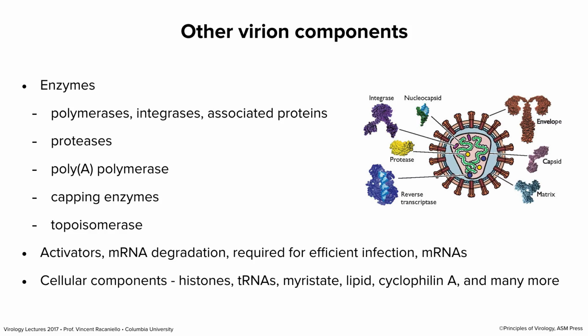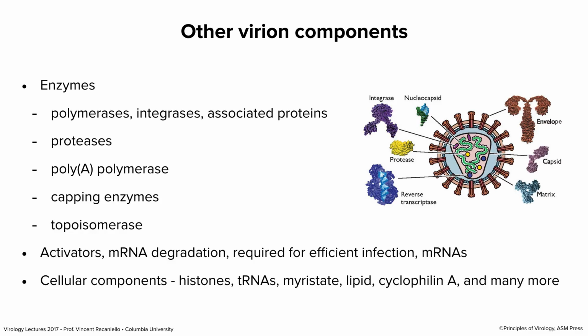And finally, there are lots of other things in virus particles. Besides structural components, there are enzymes of different sorts that we'll talk about: polymerases, integrases, proteases, capping enzymes, topoisomerases, all these involved in processing or nucleic acid biosynthesis.